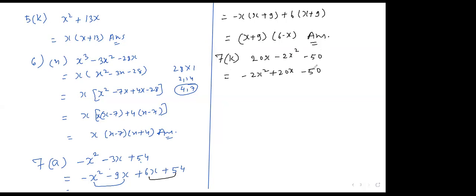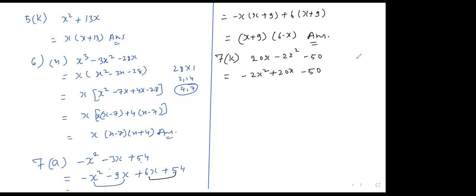What is the proper sequence? We first take the highest degree term, and then we write in descending order. Yeah. So first the x square term, then x to the power 1, and then the constant term.